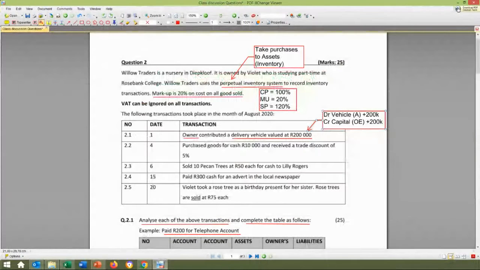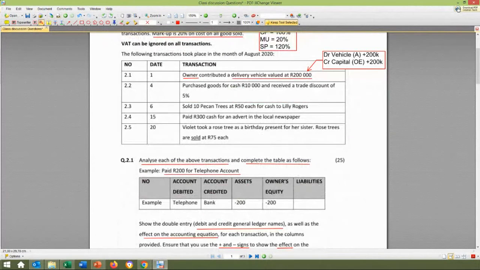Now, something that I forgot to show you is here at the bottom, the accounting equation. They did not actually tell you what the accounting equation is. So you would have to complete it and say assets equal owner's equity plus liabilities, to help you work out how to balance your accounting equation. That is something that you need to know, how the accounting equation works.